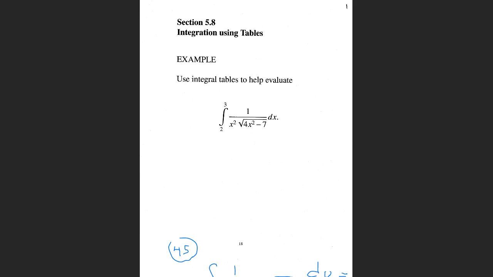Here, 4x squared is equal to what squared? 2x. 2x squared. Right. And 7 is equal to what squared? Square root 7. That's right.